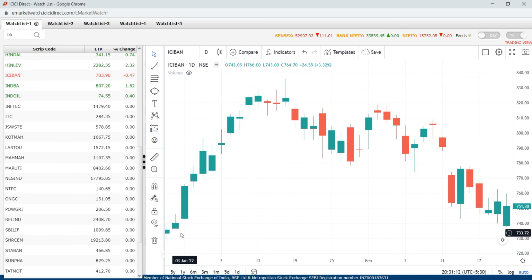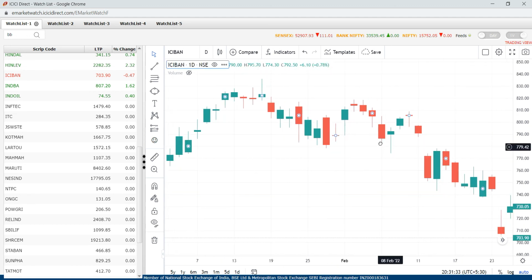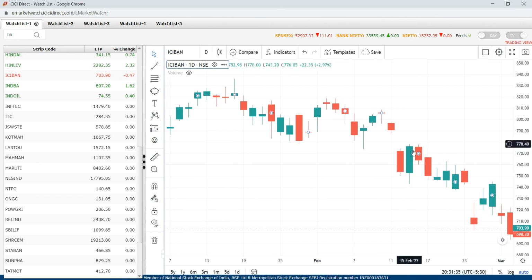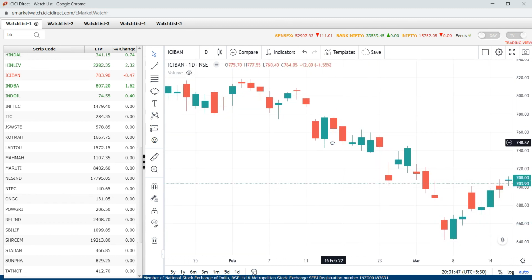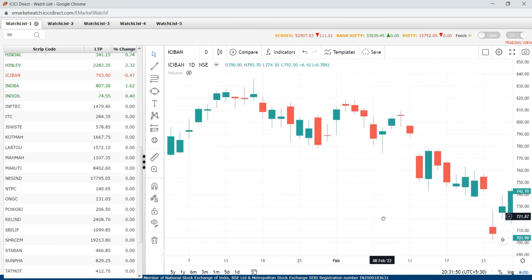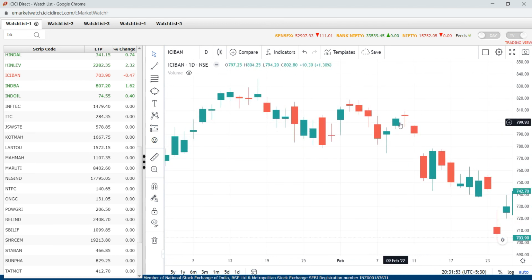You can find the stock has moved up from here to here, and after that it made a low, again a high and a low. You can find lower high, lower low, lower high, lower low. As you got two-point connectivity, and after that you find an evening star, you can also take a trade on this. After that formation, you can see the third candle is also closed much below the first candle. You can see the stock has moved down. So you can consider this also as an evening star.